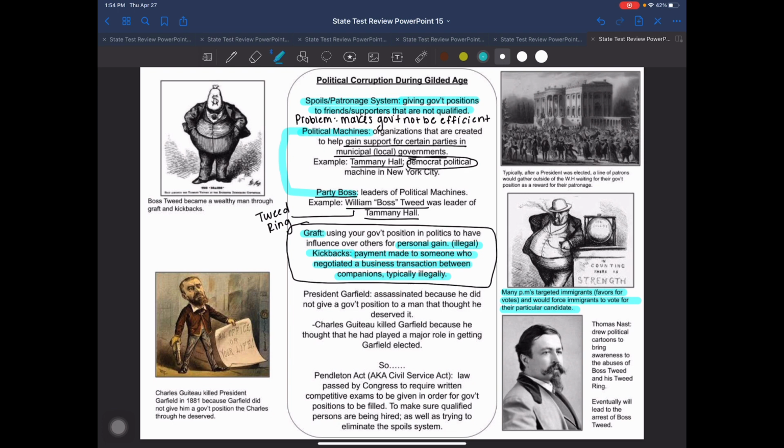And the political machine would offer these immigrants places to stay and jobs. And they could do that because these political machines had close ties to factories and these tenements, places to live and things like that. And the only reason that they would target these immigrants, number one, is because they knew that they were desperate, but they would target them and give them favors in exchange for votes.